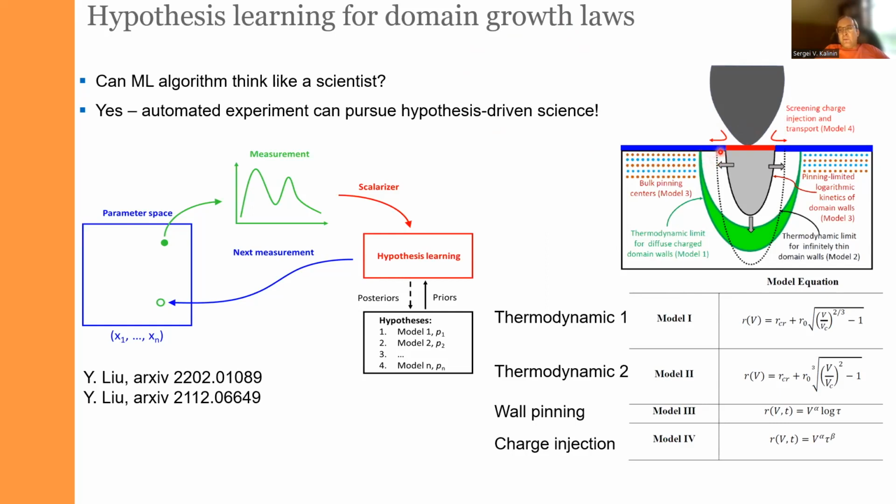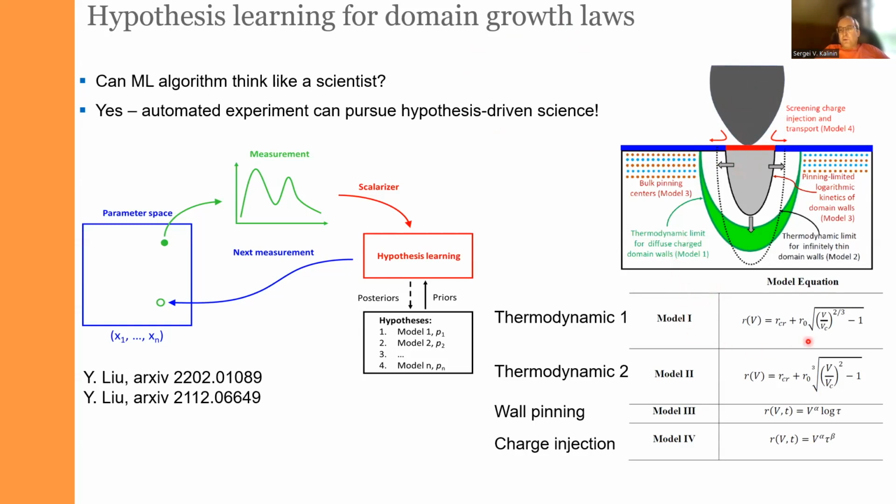Generally the setting of the experiment is that we have the bias probe, we put it on the surface, we apply the bias, and that causes the material to switch from polarization down to polarization up. So the question becomes, what limits the size of the domain? It turns out that we can enumerate the exclusive list of the possible scenarios.